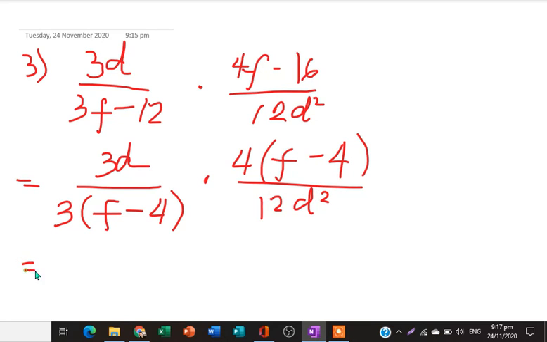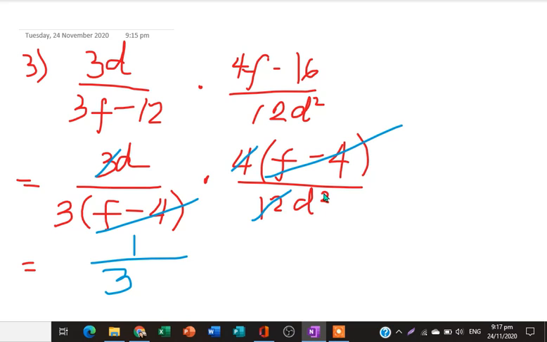And then, we are going to cancel f minus 4 divided by f minus 4. Okay? So, 3 times 4 is equal to 12. So, 12 will be cancelled. So, therefore, what remains in the denominator is 1. Then 3.